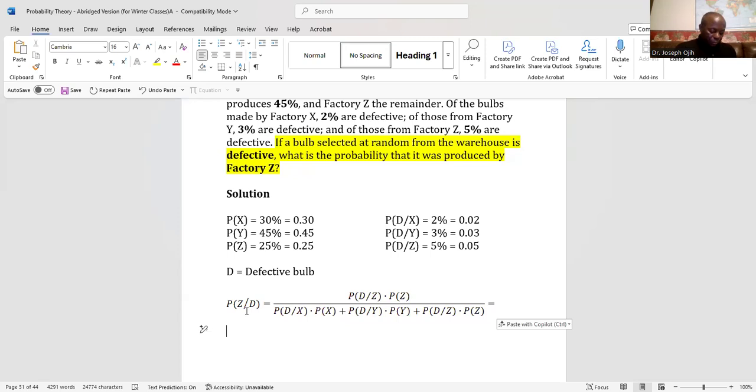The probability of defective given factor X is 0.02, you can see it right here. Probability of defective given factor Y was 0.03. Probability of defective given factor Z was 0.05. So let's plug this in and then we can get our answer.